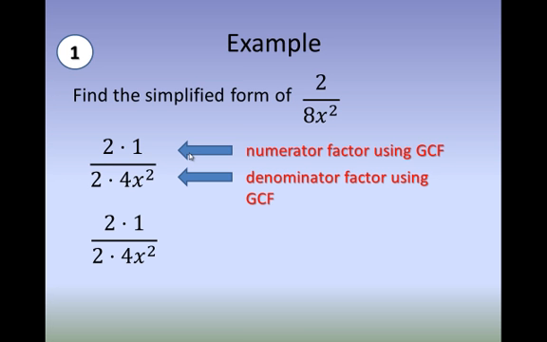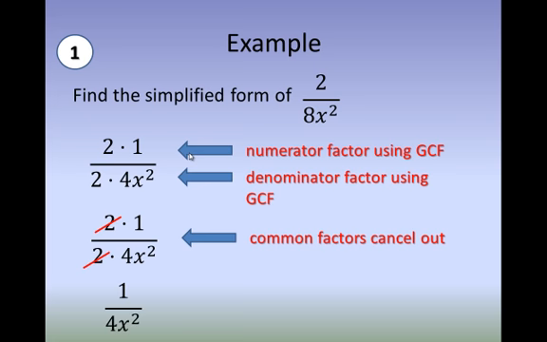So we have a common factor, which is the GCF 2 in the numerator and 2 in the denominator. We can cancel them out. So the common factor cancels out and we're left with 1 over 4x squared, which is the simplified form, or what we call the lowest term.